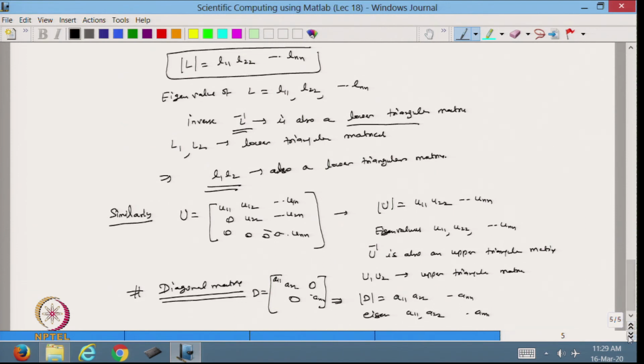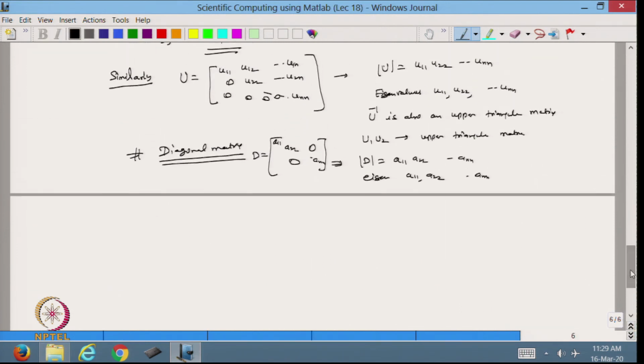The inverse of a diagonal matrix will be 1 over A11, 1 over A22, 1 over ANN. So, that is again a diagonal matrix.